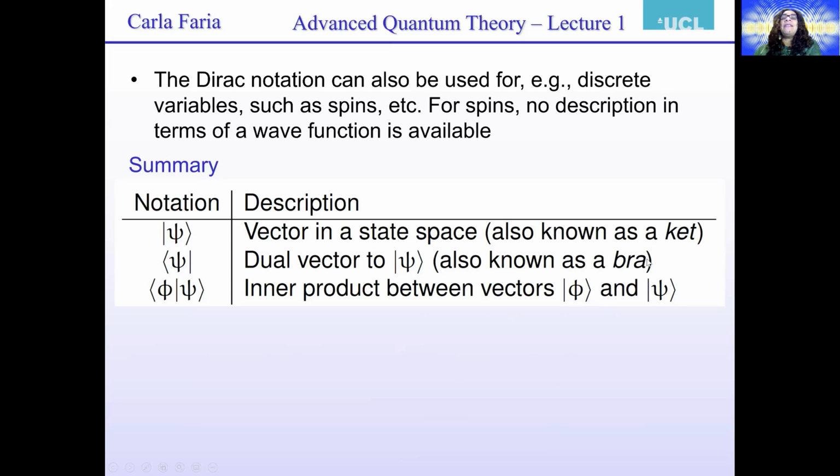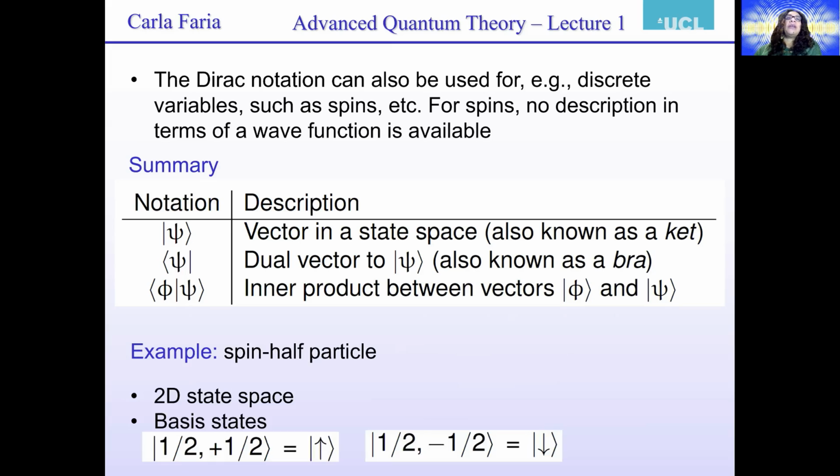Then there is the bra psi, which is the dual vector to the ket psi. And you can calculate also inner products between two vectors in state space, which are defined in this way. So you have a scalar in the end, but this is a kind of product in which you had two vectors and you obtained a scalar, so it's an inner product.